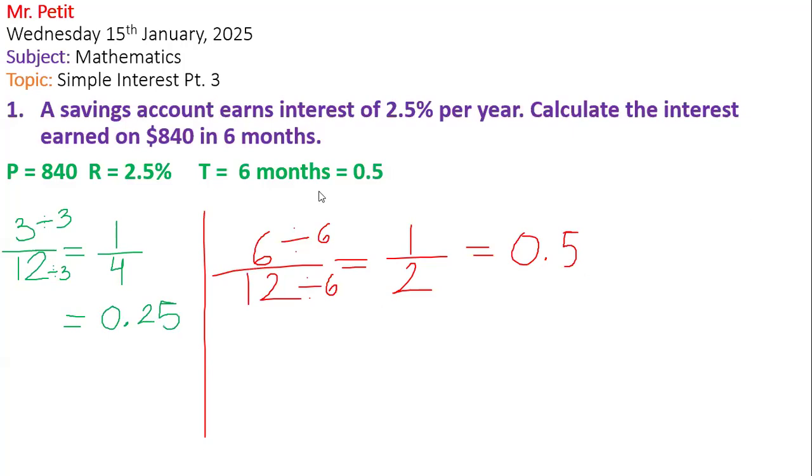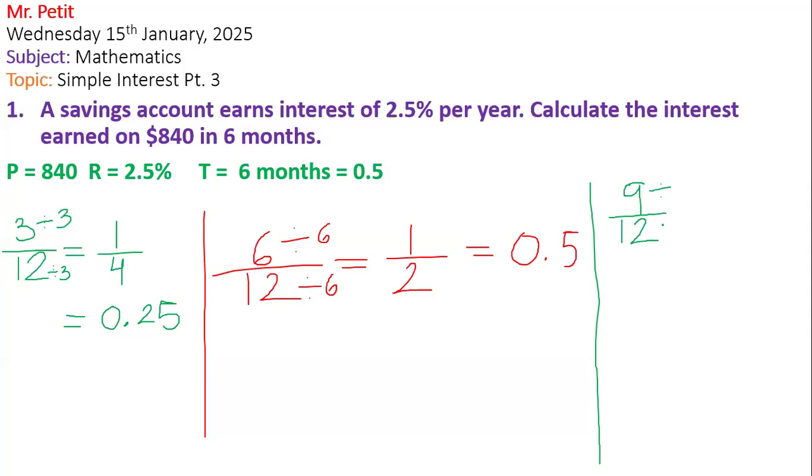What if it was, let's say, 9 over 12, 9 months? If it were 9 months, what are we going to say? 9 over what? Over 12.